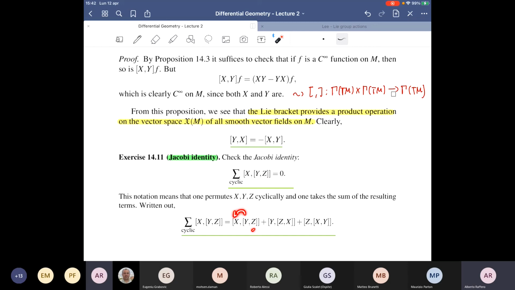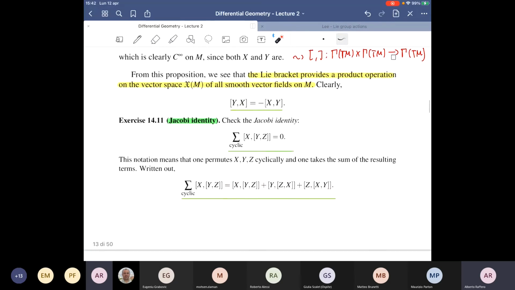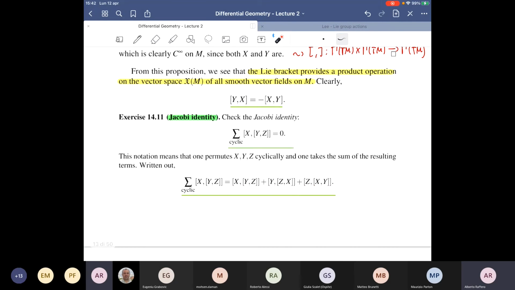So Y goes here, Z goes here, and X goes in the last entry, and you do the same here. So Z goes in the first entry, X in the second, and Y in the third, and you get this one, and then the sum is finished. If you do again a permutation, you will go back here. And again, also this one is just a matter of computation.